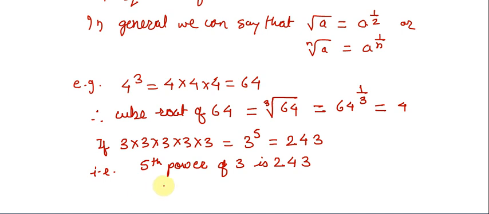So we can write it as 3 raised to power 5, or the fifth root of 243, that is 243 raised to the power 1 by 5 equal to 3.